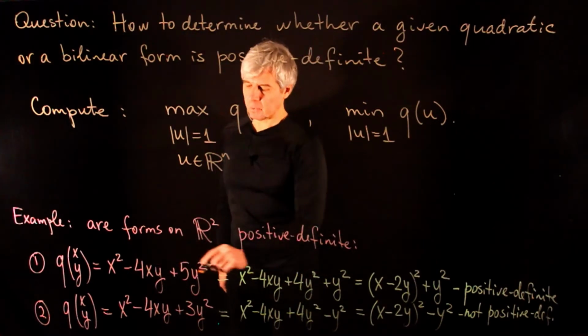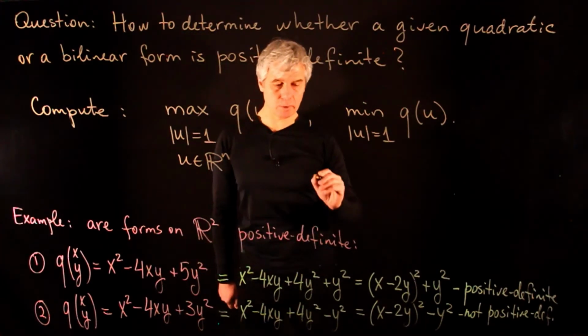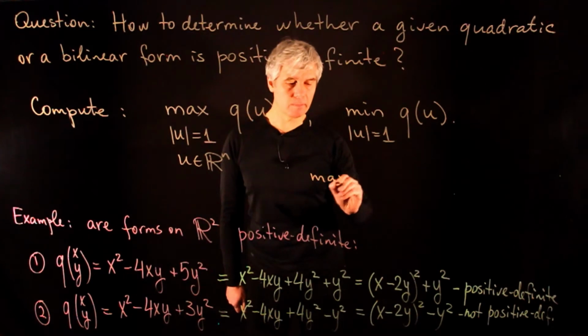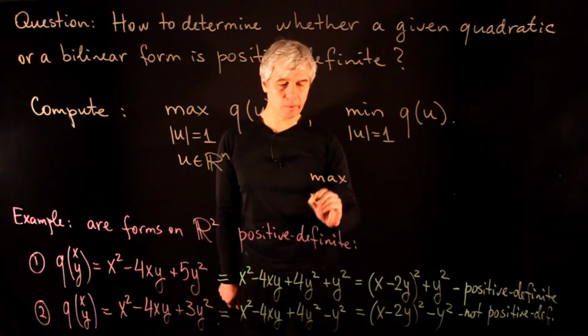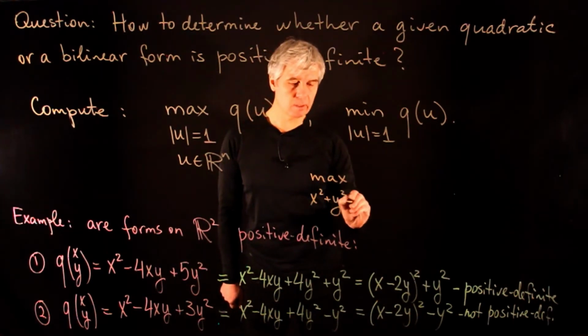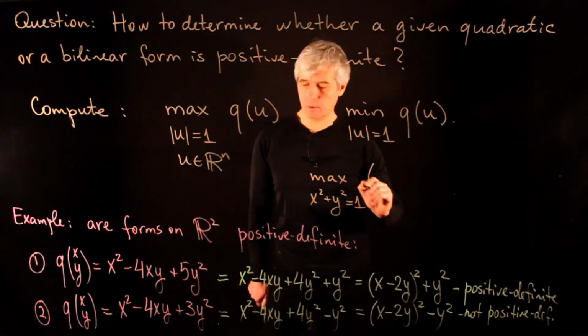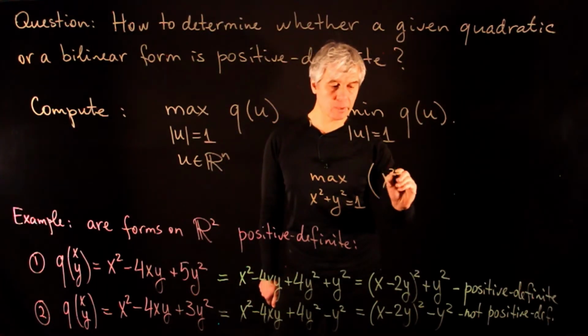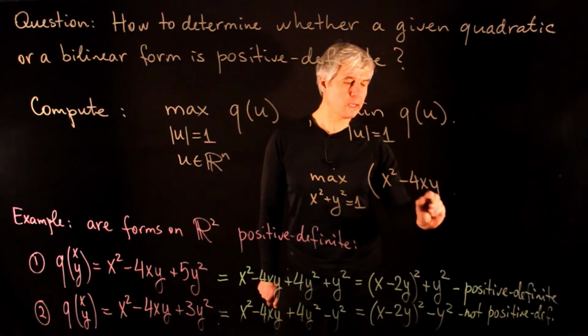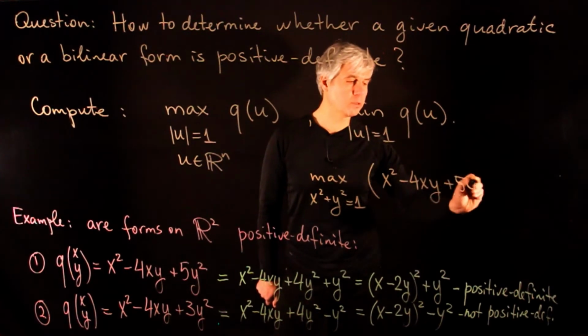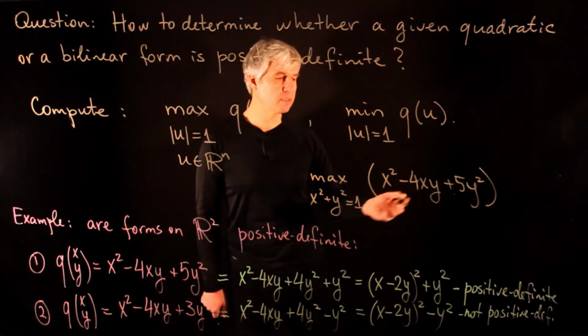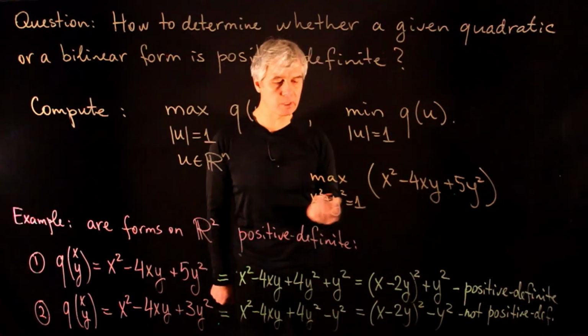In particular, we may ask this for this quadratic form. So what is the maximum, when x squared plus y squared is equal to 1, of the expression x squared minus 4xy plus 5y squared? And what is the minimum of this expression on this set?